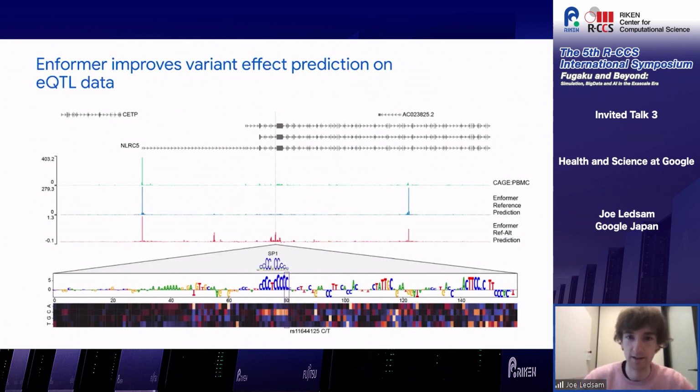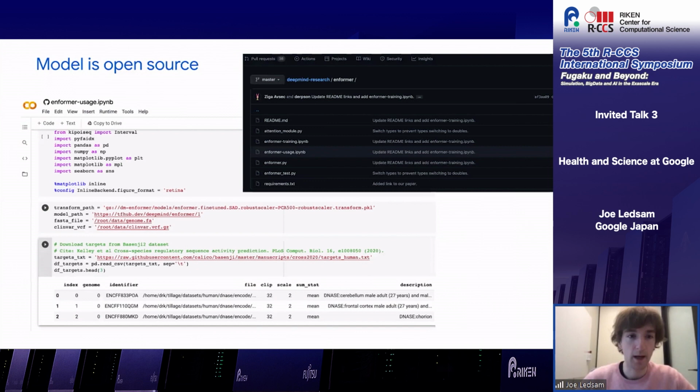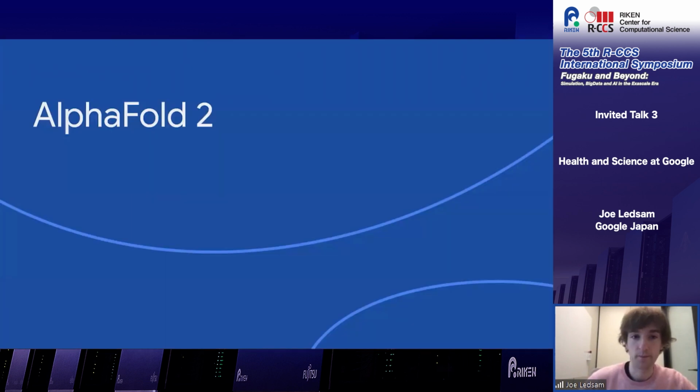This is the NLRC5 gene, which is a gene associated with amyotrophic lateral sclerosis. This model is open source, so anyone can use it or play around with it, so please do.